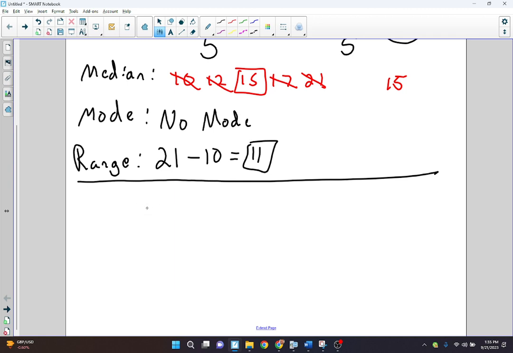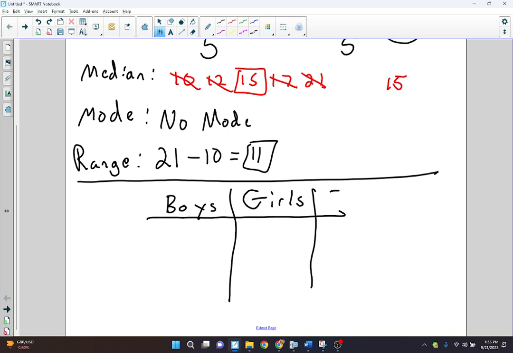Now, next one is analyze data. So this is like the table thing. So let's say boys, girls, and in total. Let's say it's pizza and burgers.